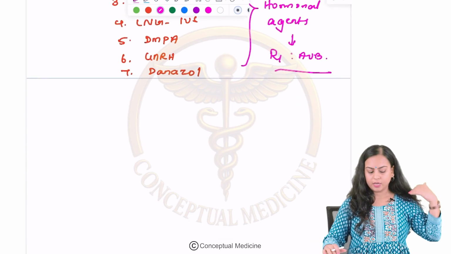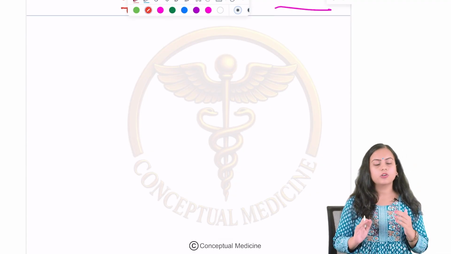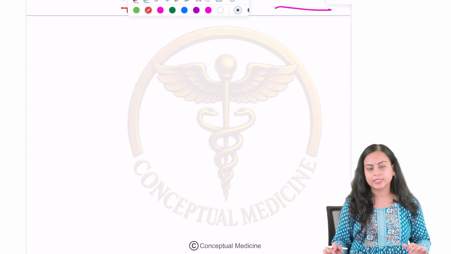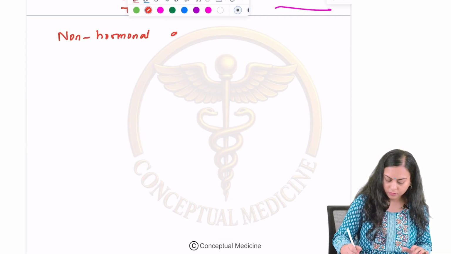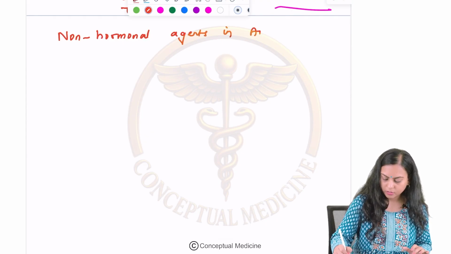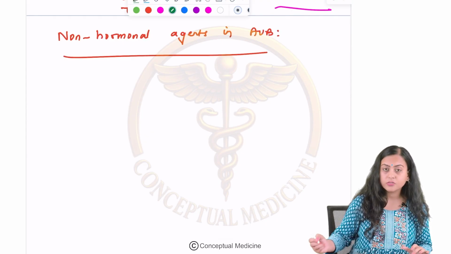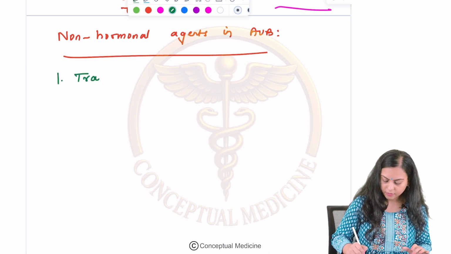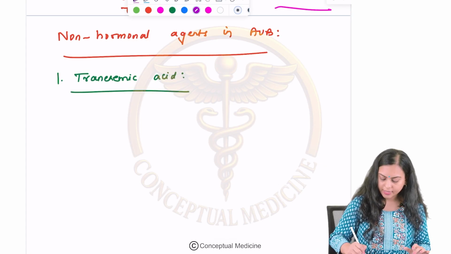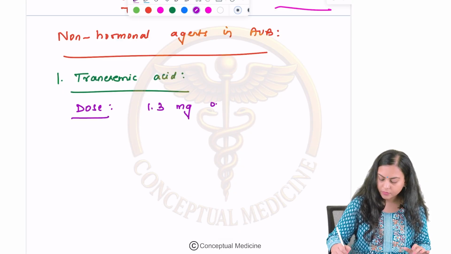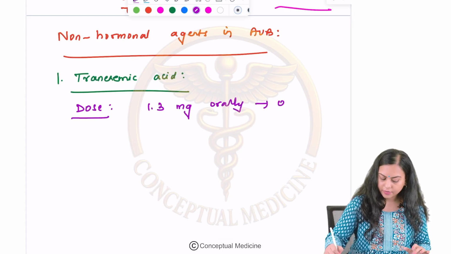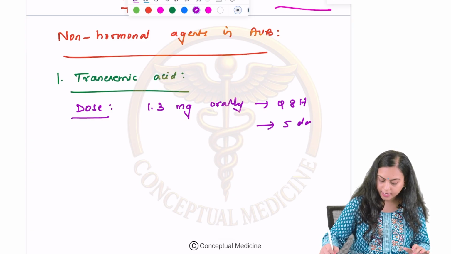Clear? Right. Now, let's see some of the non-hormonal agents that are used for treating AUB. Okay. The first one is tranexamic acid. Dose of tranexamic acid is 1.3 gram orally, given every 8 hourly for 5 days.